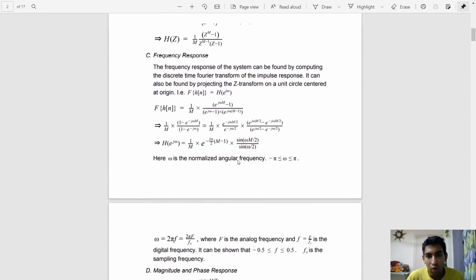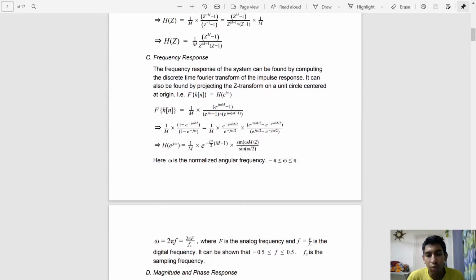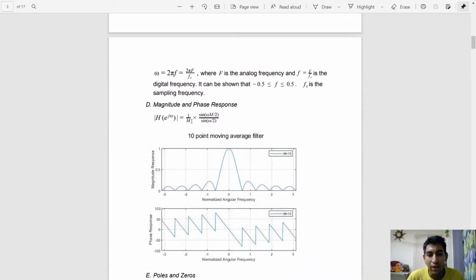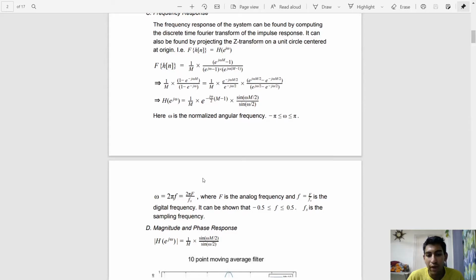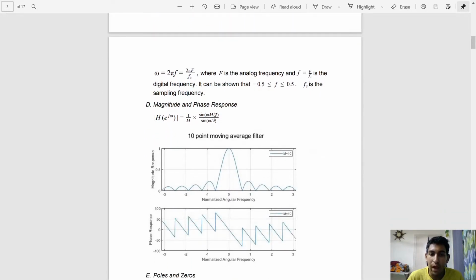And now we've got the frequency response of the system. We can find the magnitude by taking the mod, and taking the mod is easy. This term's magnitude is 1 and we get the rest of the terms here. So this is the magnitude.